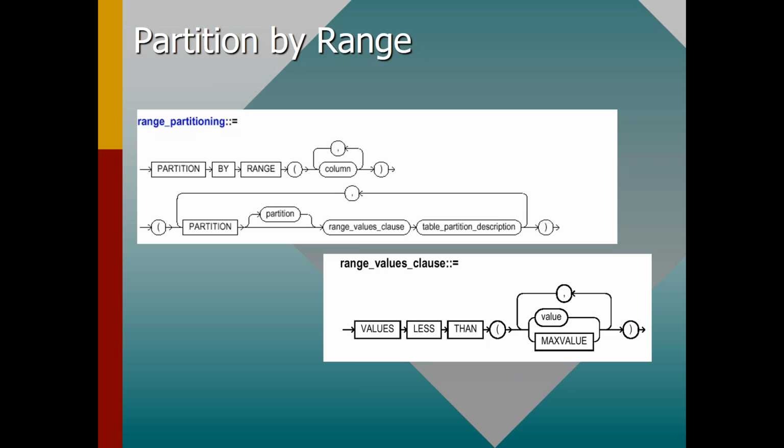Here you set up a series of columns. You can specify up to 32 columns in partition by range. And then you use the range values clause, which is seen here. We basically say values less than, as I showed you a little bit earlier.